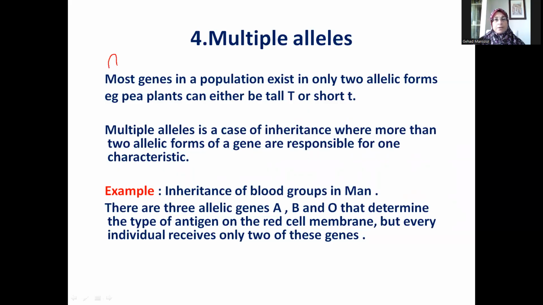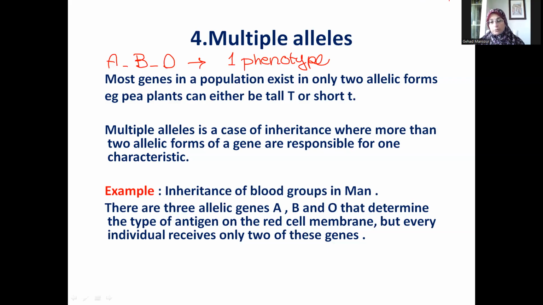For example, in inheritance of the ABO blood system, we have 3 alleles, A, B, and O, and they control one phenotype, which is the blood group, and that's why we call them multiple alleles. But at the end of the day, you receive only 2 of those alleles on your 2 loci, and they are represented as 1 or 2 antigens depending upon complete dominance or lack of dominance.